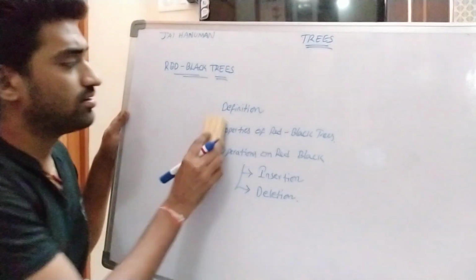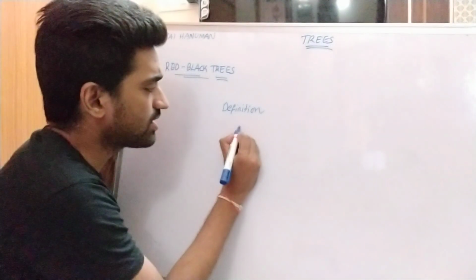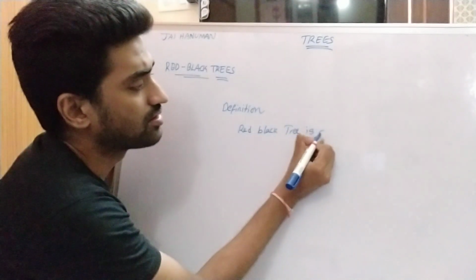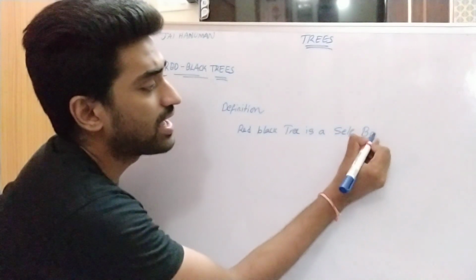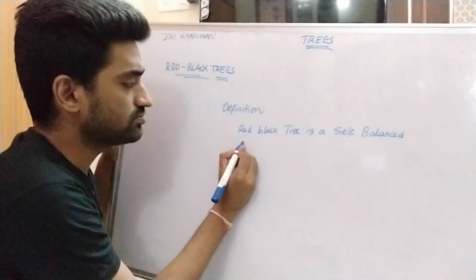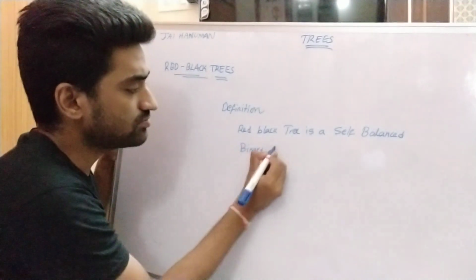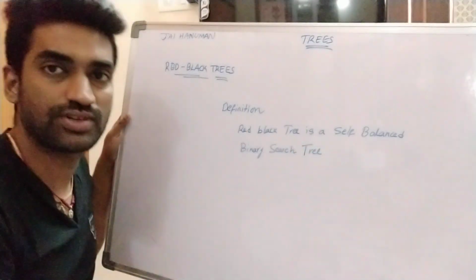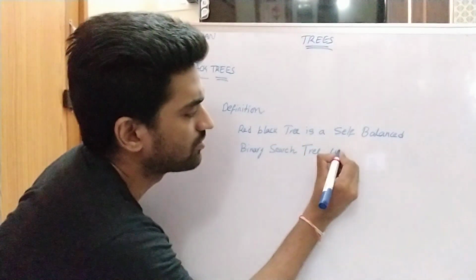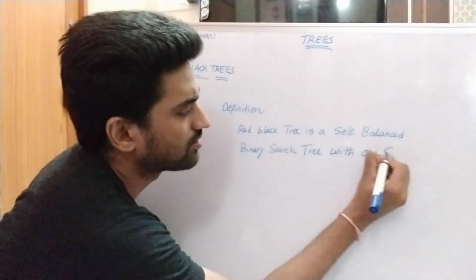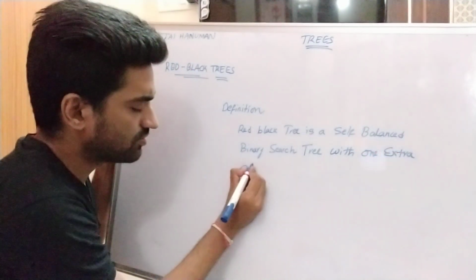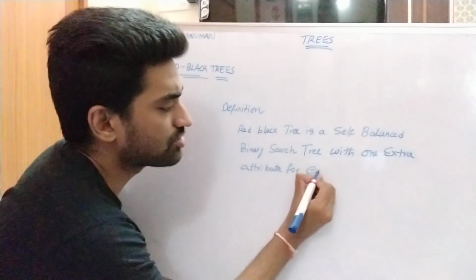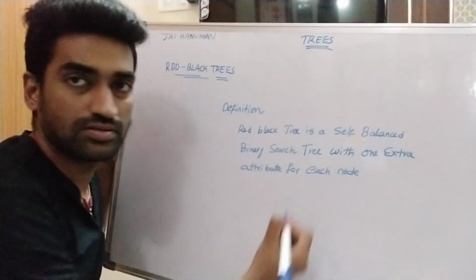So a red-black tree is a self-balanced binary search tree with one extra attribute for each node, that is color.